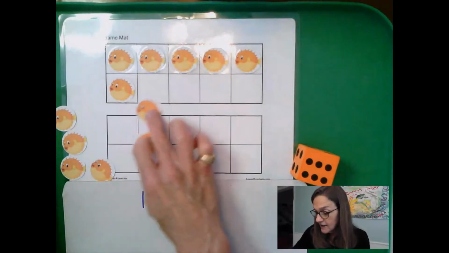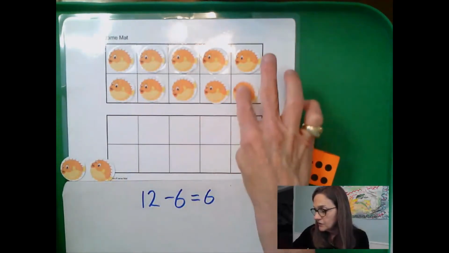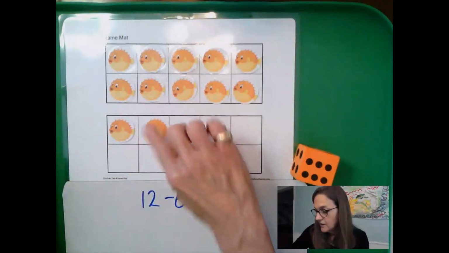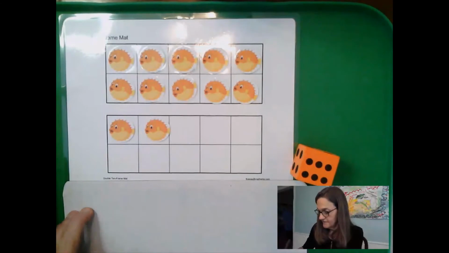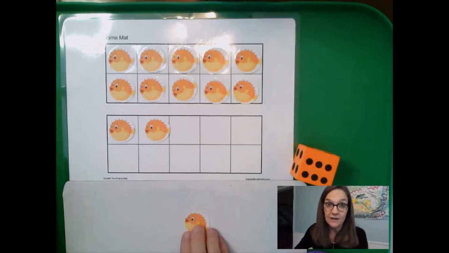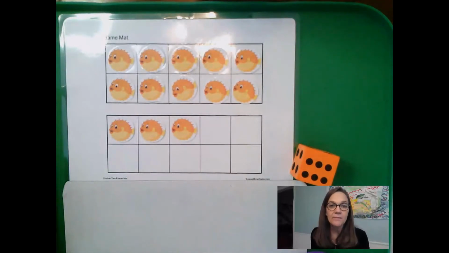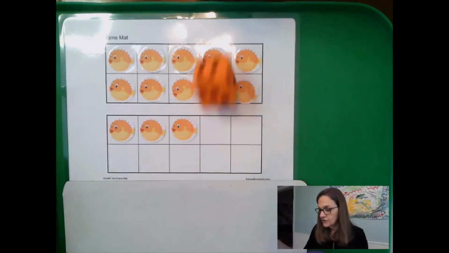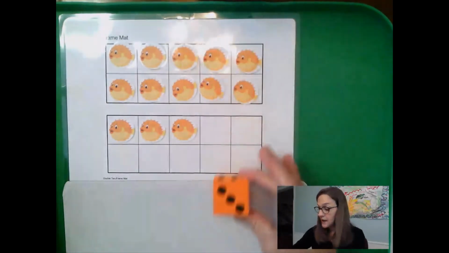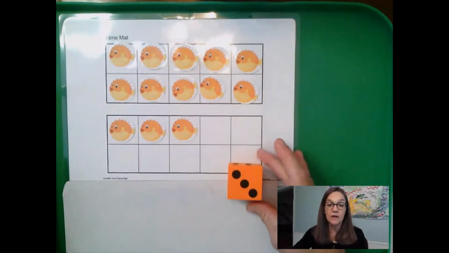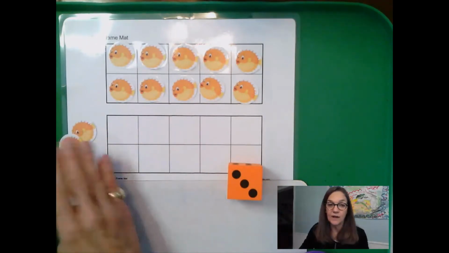Now let's try it again. This time we're going to start with 13. One more. I don't have 13 yet, do I? Now I have 13, okay? I'm going to roll my dice, and I rolled a 3, so 13 minus 3, I'm going to take 3 away from the bottom 10 frame, and what does that leave us with?